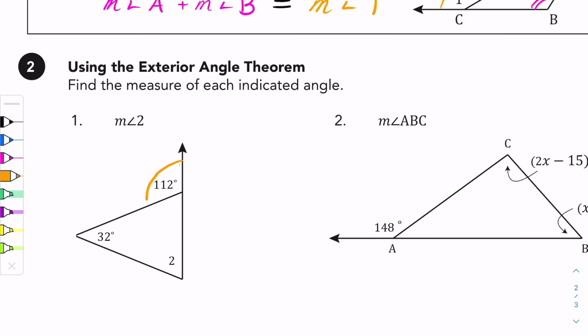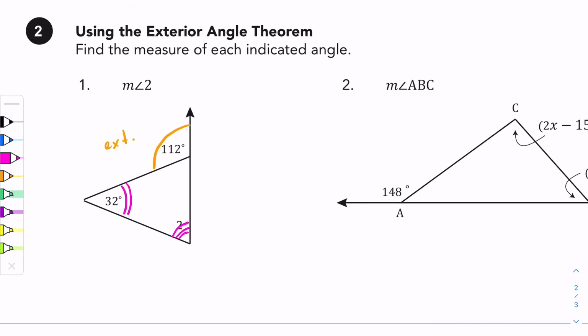I know that 112 is my exterior angle. I'm just going to abbreviate it as exterior. I know that 32 and 2, or angle 2, are my remote interior angles.